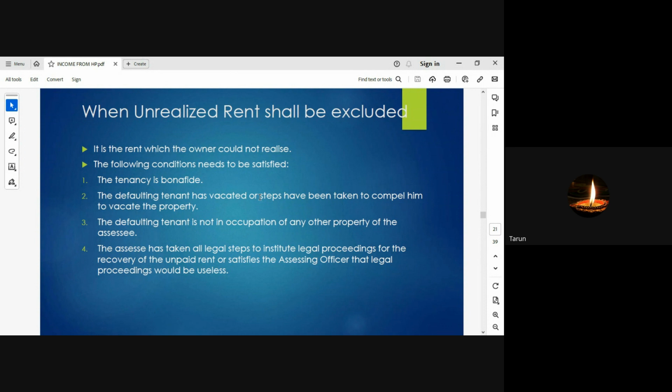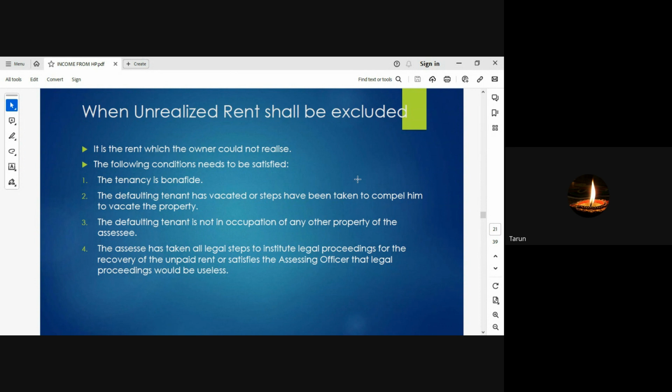Next, the defaulting tenant has vacated or steps have been taken to compel him to vacate the property. So if there is a defaulting tenant who has not paid the rent in the last couple of months and you want to vacate that property, the rent which you have not received is termed as unrealized rent, because the tenant comes under defaulting tenant, so such an amount will not be included at all.